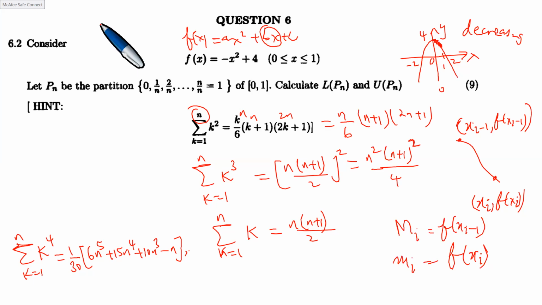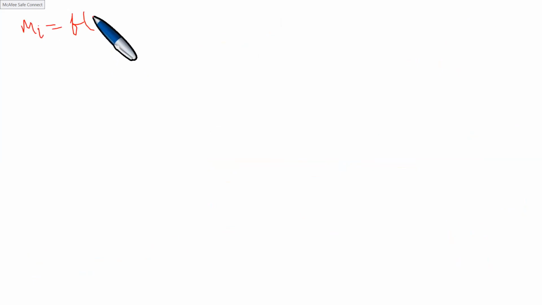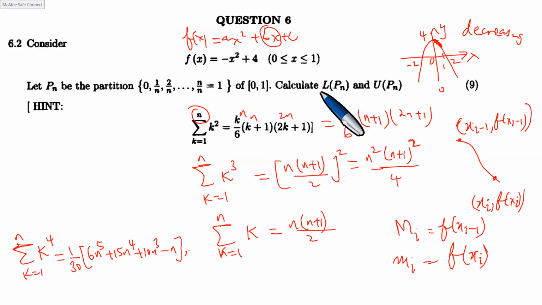The small m_i is f(x_i), which is minus x_i squared plus 4, because the function is minus x squared plus 4. And then what do we get out of this? The partition points are like i over n.